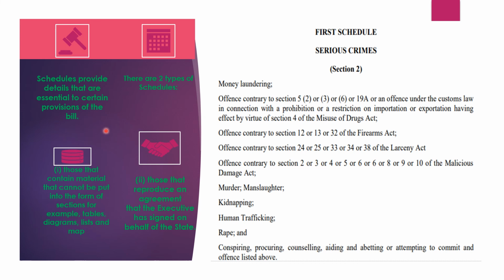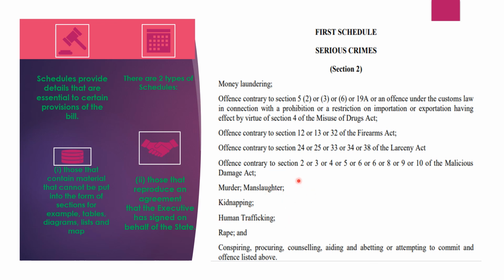Generally, there are two types of schedules that you may see in a bill. One, there are those types of schedules that contain material that cannot be put into the form of sections, for example, and you would see things like a table could be a schedule, a diagram, a list, even a map. In the example we have here, we have a list of serious crimes: money laundering, murder, manslaughter, kidnapping, human trafficking.